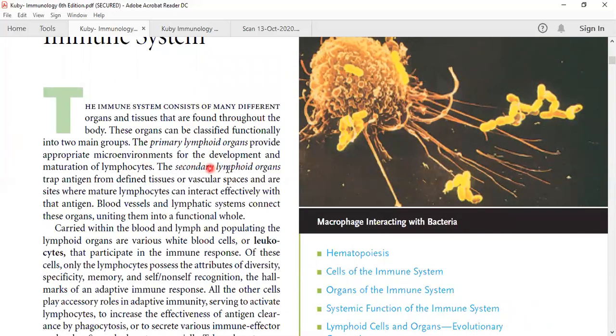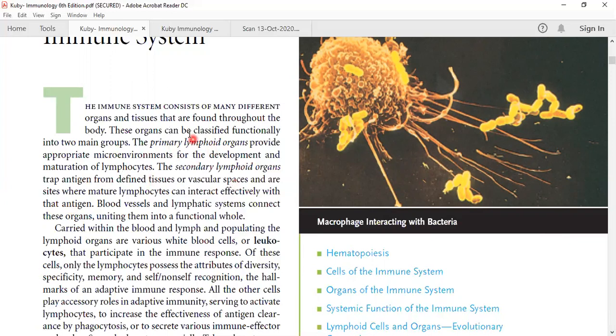All right. So secondary lymphoid organs trap antigen from defined tissues, vascular spaces, and are the sites where the mature lymphocytes can interact efficiently or effectively with that particular antigen. So, what is the difference in a primary lymphoid organ and a secondary lymphoid organ?